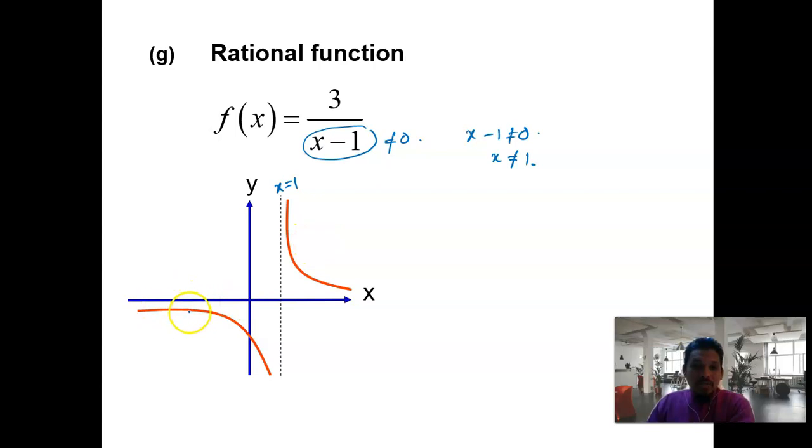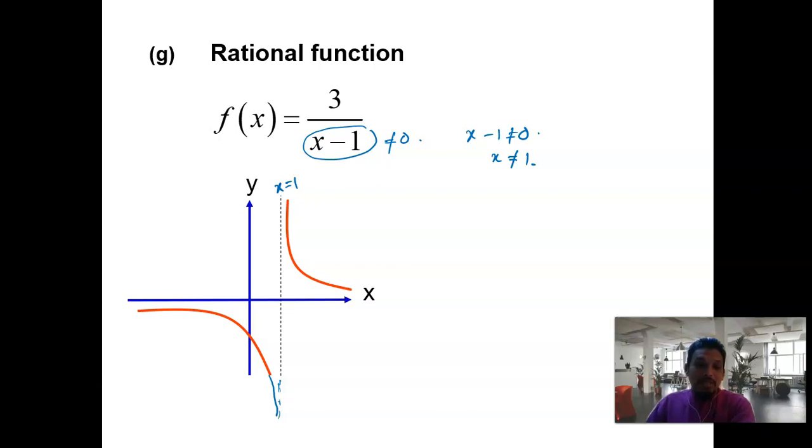As you see on the screen now, the graph will not touch or intersect this line of x equal to 1. It's just approaching, getting closer and closer to the line of x equal to 1, but it won't touch, intersect or cut the line.